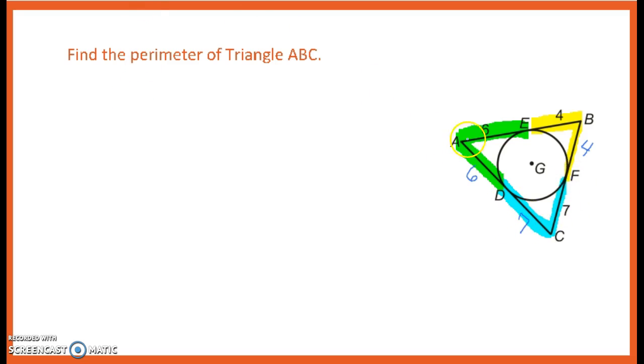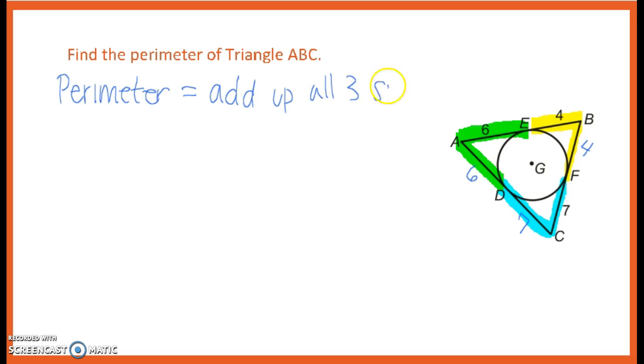So to find the perimeter, we just add up everything around the triangle, right? The perimeter, add up all 3 sides. So we can do AB plus BC plus AC, and that's going to equal our perimeter.